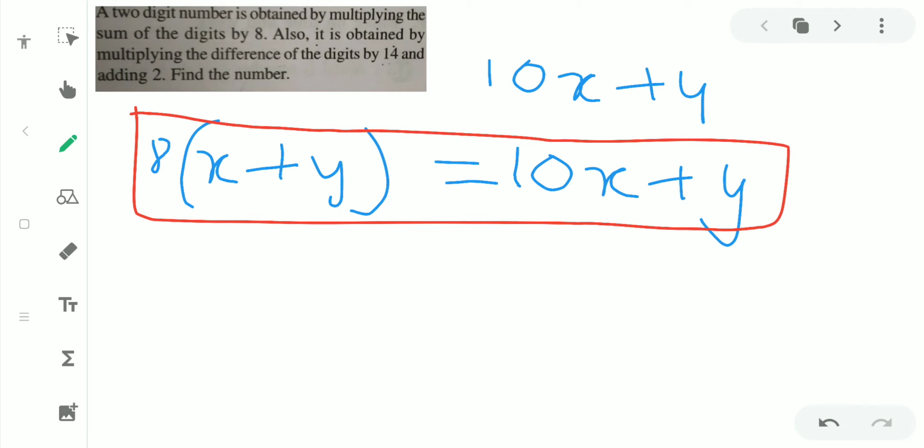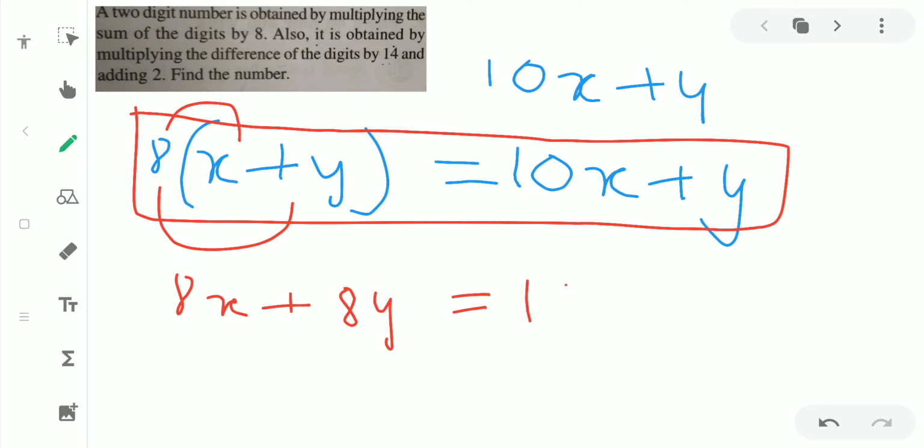If we open the brackets, it will become 8x plus 8y is equal to 10x plus y.